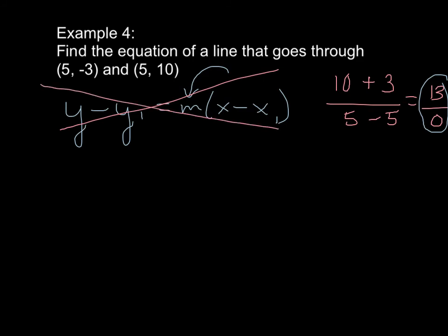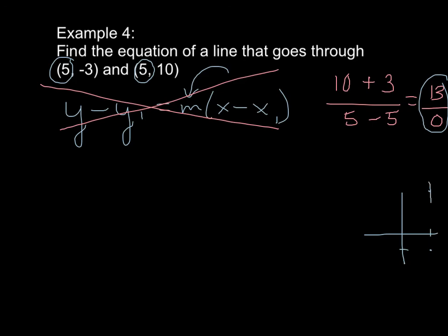What we can do is we can notice that right here and right here, the x seems to be unchanging. If you were to look at a quick graph of this, 5, negative 3 might be over 5 and then down 3. And 5, 10 would be over 5, but up a whole lot, up 10.